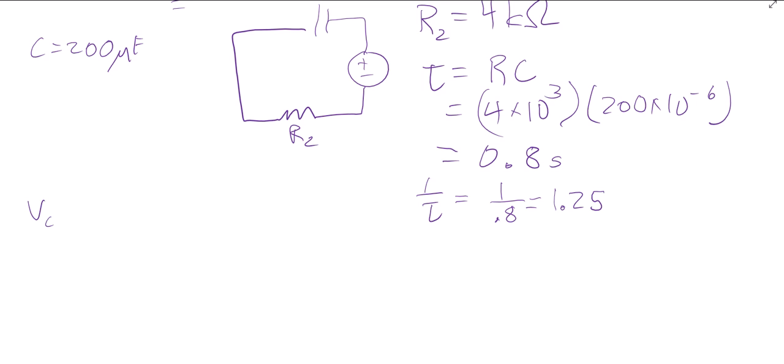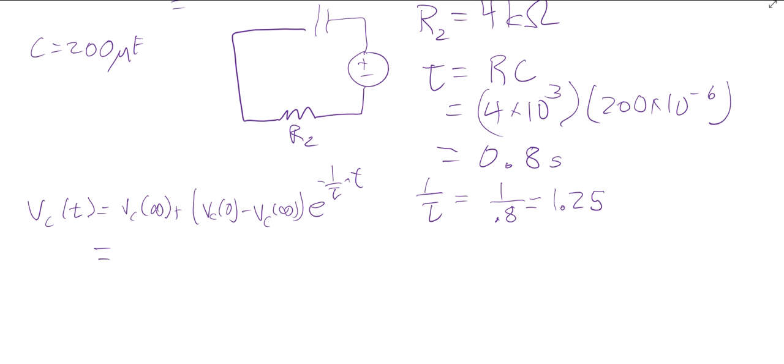So Vc of t equals Vc at infinity plus Vc at 0 minus Vc at infinity, times e to the minus 1 over tau times t.